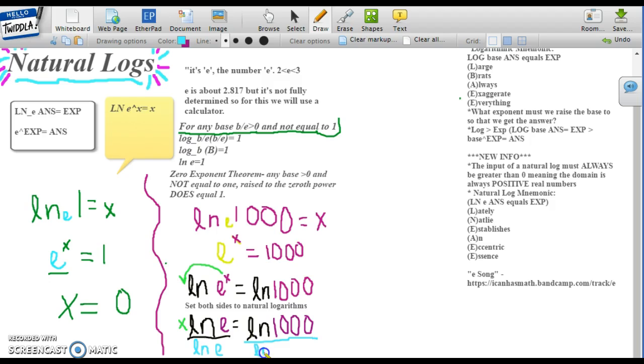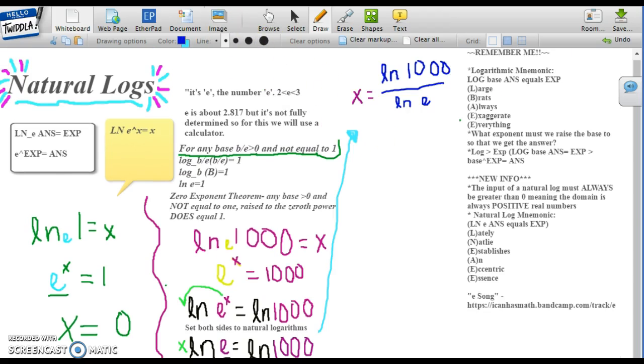And that would be your x. So x equals the natural log of 1000 over the natural log of e. And that's what we're going to plug into our calculator.